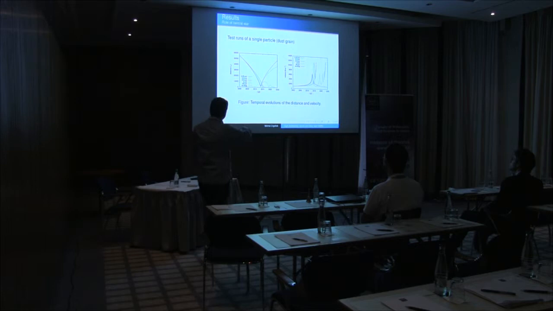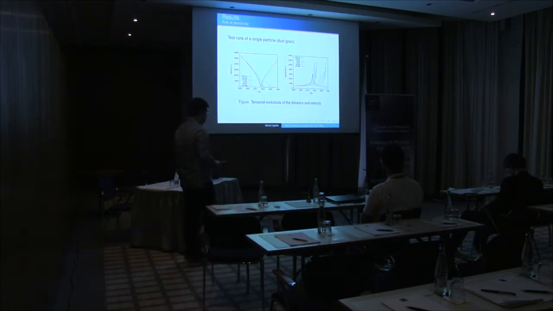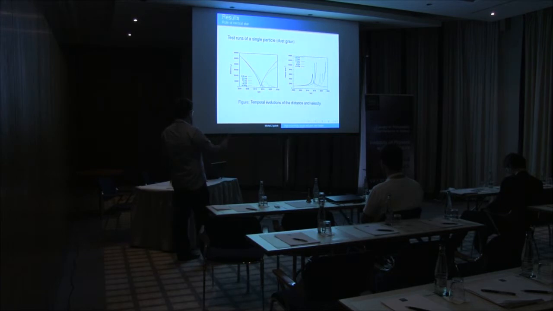Here are test runs for a single particle. This is with no drag included, and when we include the drag, basically the semi-major axis and eccentricity decrease, and particles spiral towards the supermassive black hole.